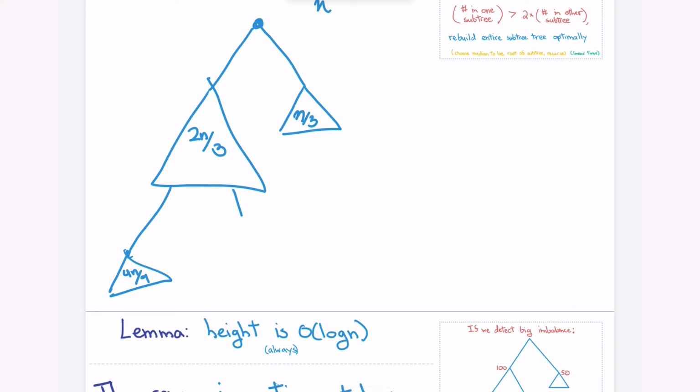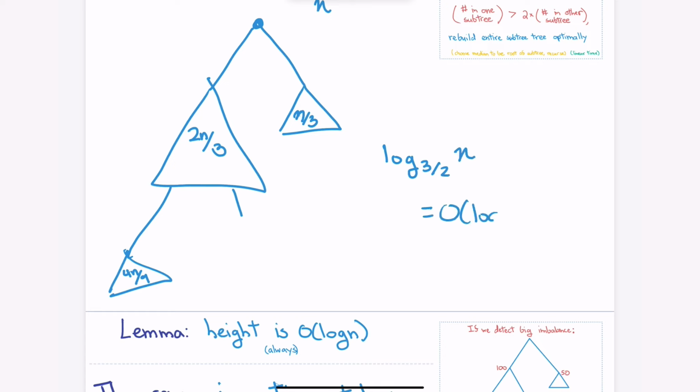So each time you're going down, the maximum subtree has 2/3 squared times n, 2/3 cubed times n. So how many times would you need to go down before you get down to 1? Yeah, log base 3/2 of n.